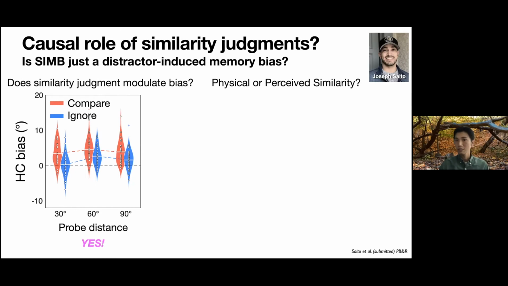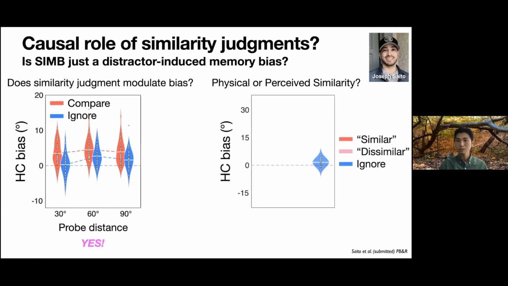Next, he wanted to revisit the idea of the perceived versus physical similarity. And to do that, we used the same approach of isolating the ambivalent probes. Here, when we look at the magnitude of the bias induced by the ambivalent probe in the ignore condition, there was a small but reliable shift in the direction of that probe. If the perceived similarity modulates this bias, then we should expect a larger memory bias following the similar judgment for those ambivalent probes, but not much of a modulation when people perceive the ambivalent probe to be dissimilar.